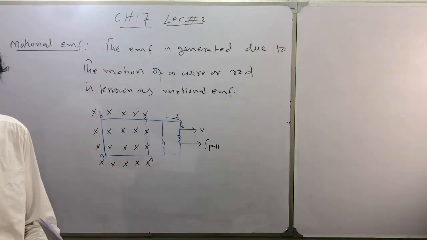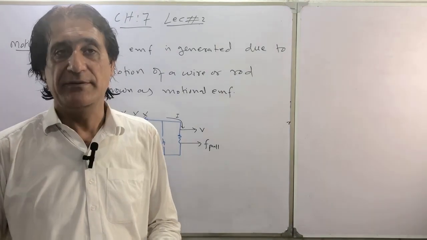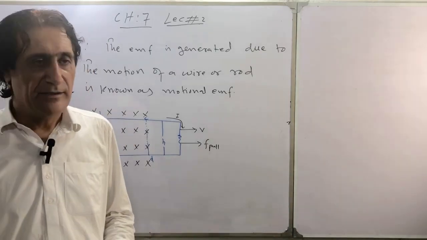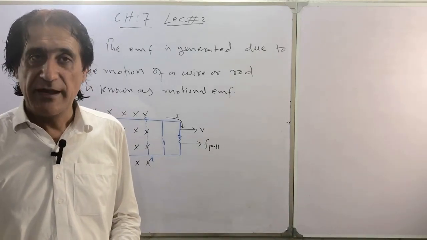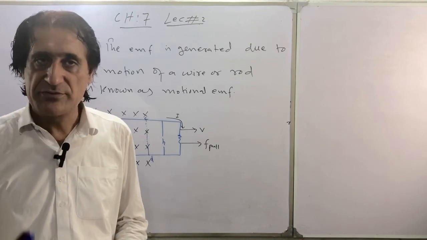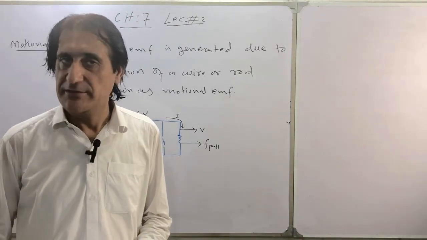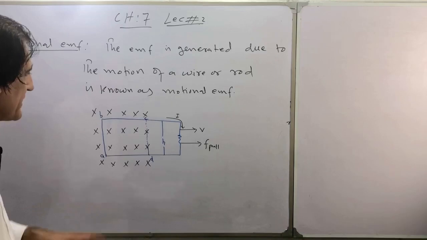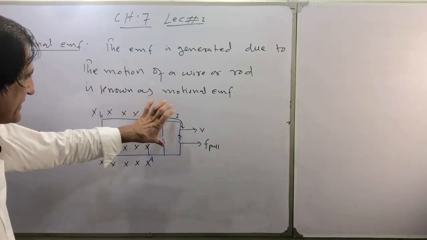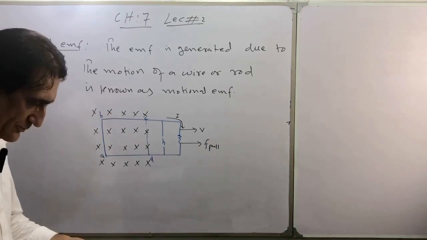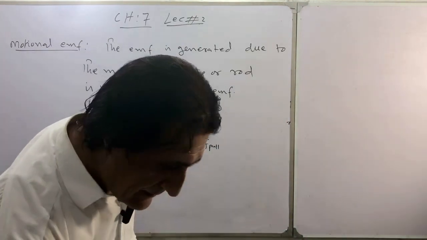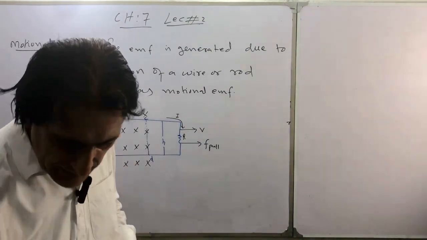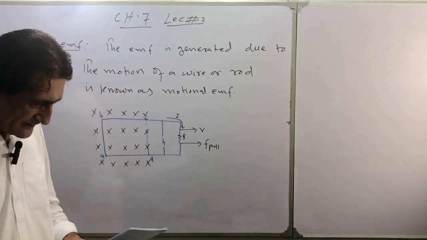This will happen because if we move a coil or a rod or anything in a magnetic field, it can induce a current in the loop. So we are looking for the cause of this current generated in the loop. This may be a resistance, a bulb, or any other electronic device.